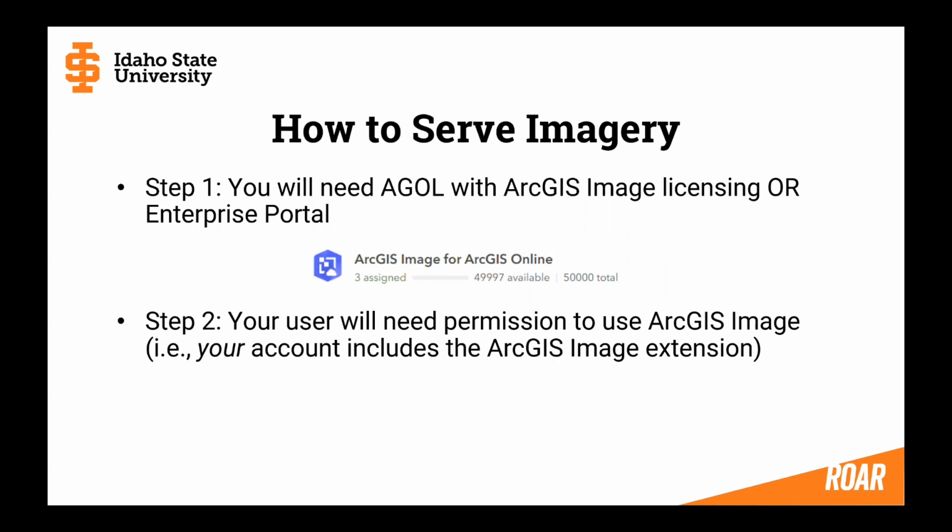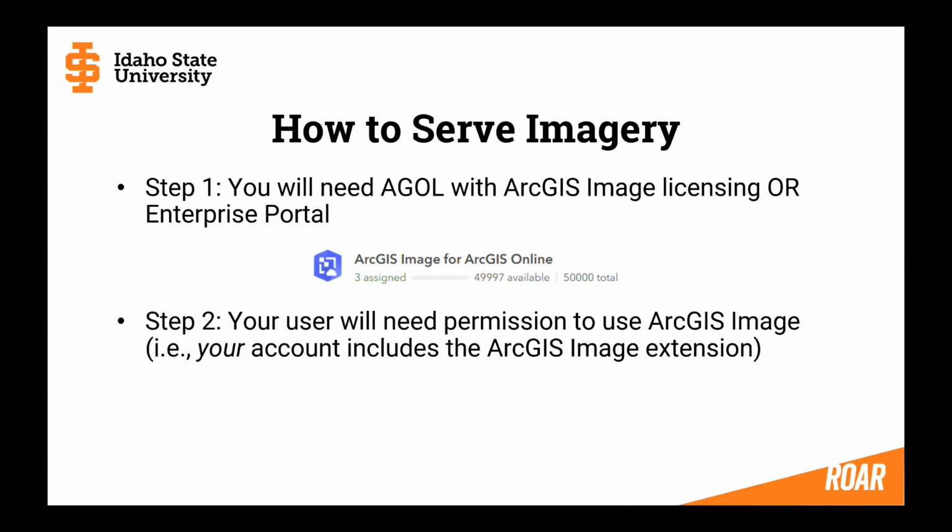Step one, you're going to need ArcGIS Online with ArcGIS Image licensing or Enterprise Portal. So if you don't know if your ArcGIS Online has the image licensing, you can go into that ArcGIS Online, and this is what you'll see. You'll see ArcGIS Image for ArcGIS Online, the number of individuals who've been assigned access to that license, the number available, the number in total, and all the good stuff like this.